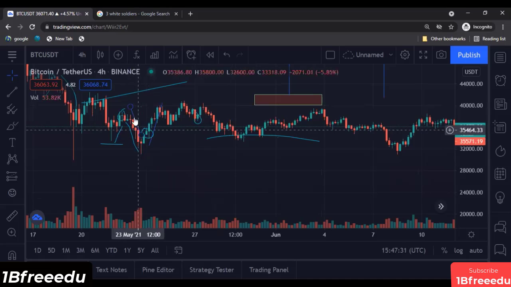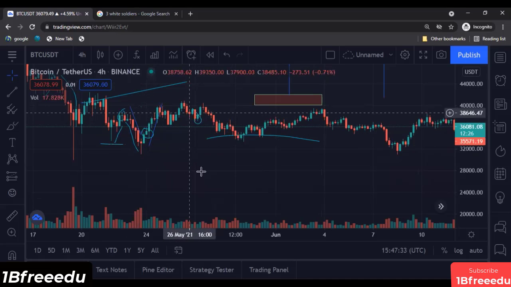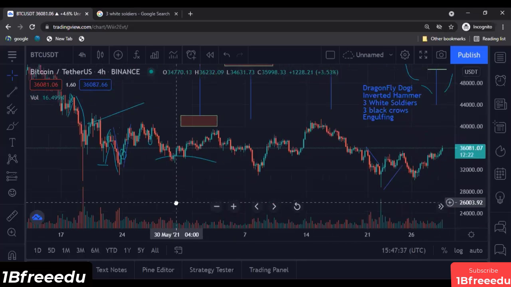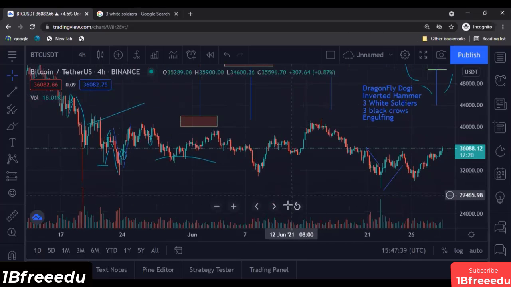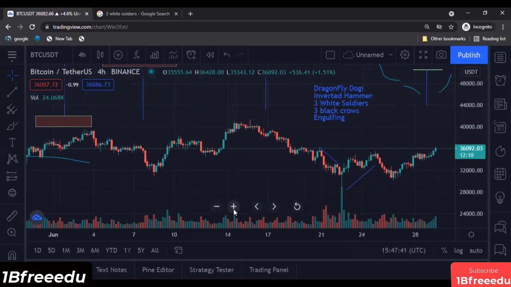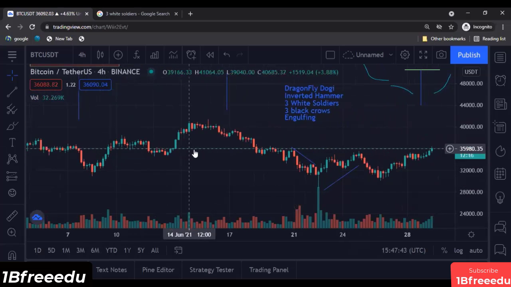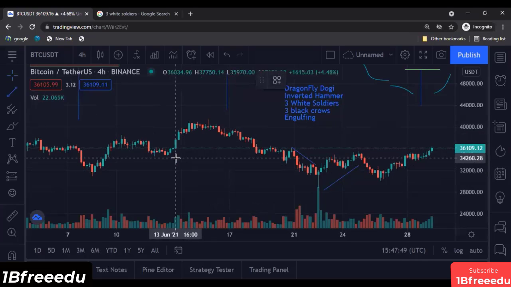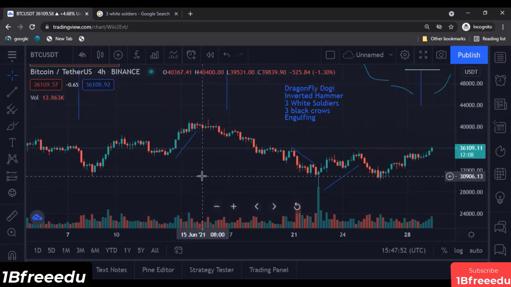First there was a downtrend, and then there was an uptrend. You can see here as well, there were three white soldiers and the price moved up in an uptrend.